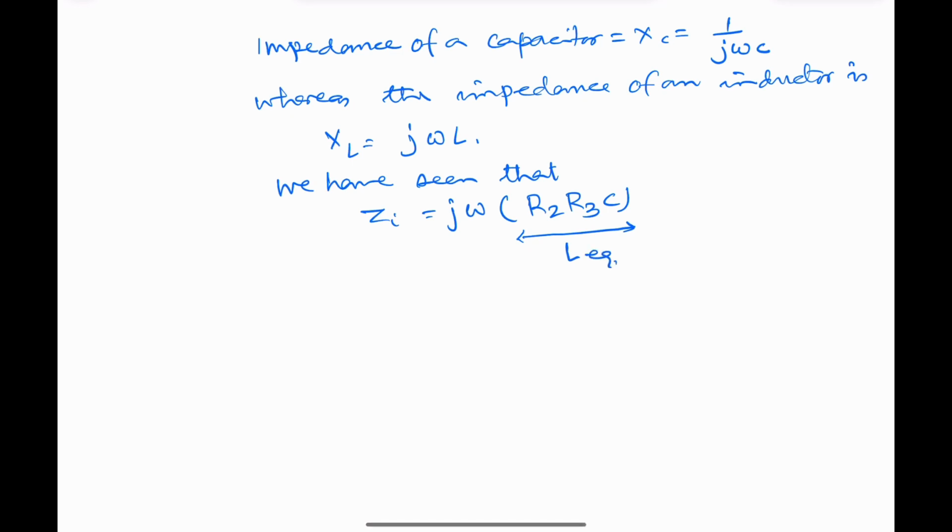Why? Because it has the form of the impedance of an inductor, j omega L. So I take this term within the bracket as L equivalent. So if I put there a capacitor in place of ZF, the input impedance behaves as an inductor. So an inductor can be realized using an operational amplifier.